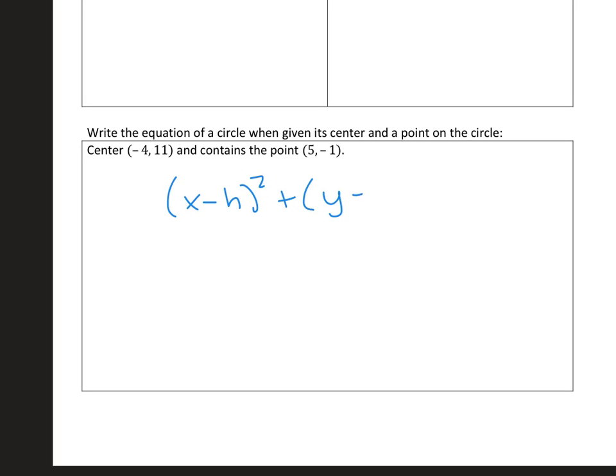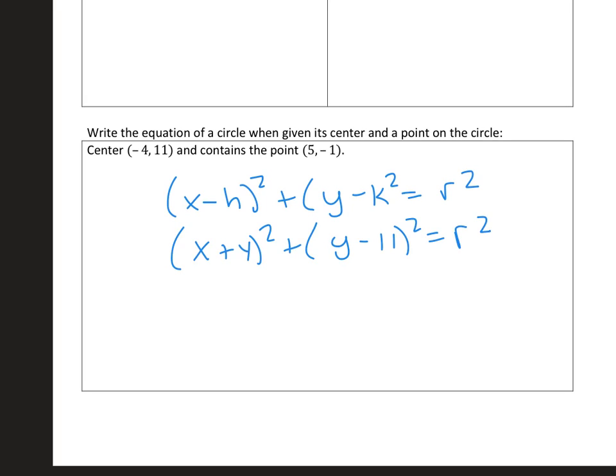So we've got x minus h squared plus y minus k squared equals r squared. I'm going to substitute in minus a negative 4 would be plus 4, y minus 11. And by that, we're given a point. So this is an x and that is a y. And we can substitute in those values for the x and y.